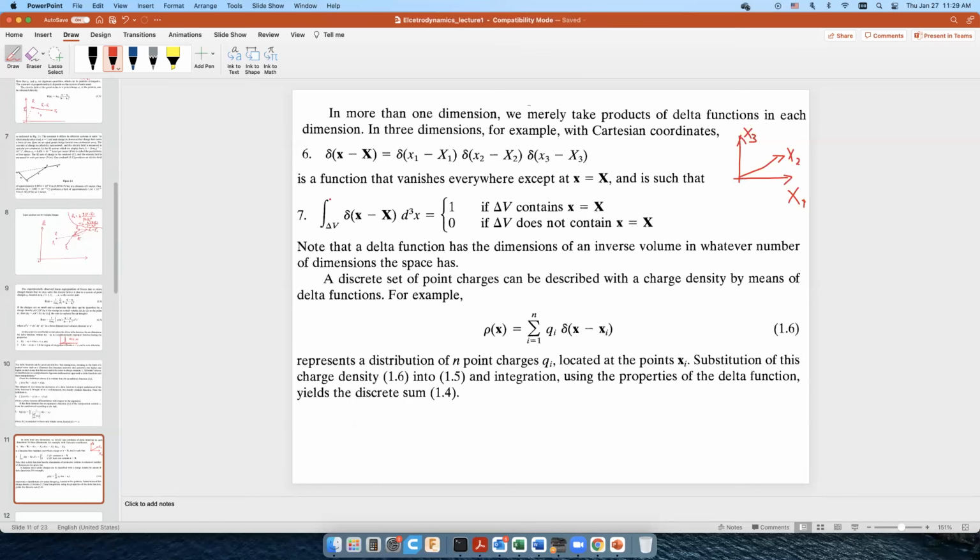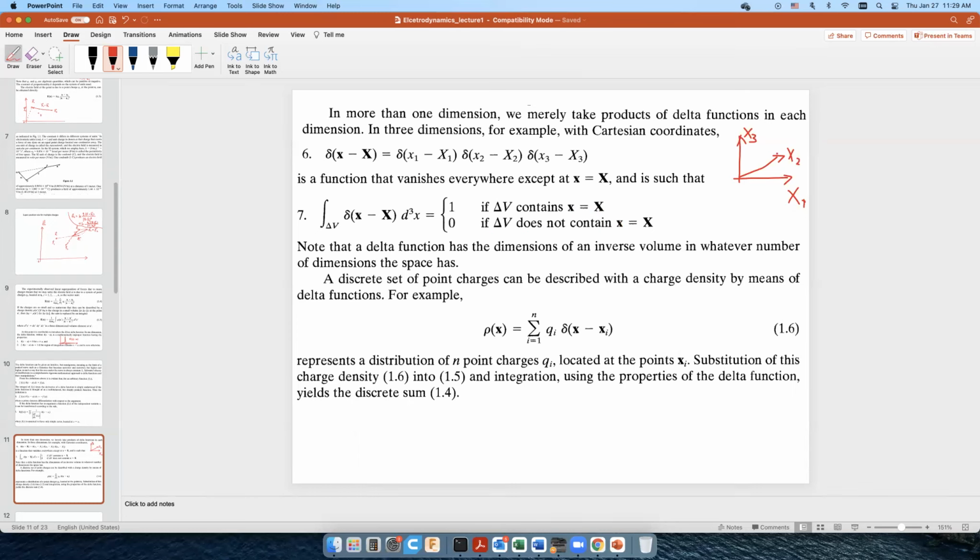And then if you do a volume integral of this three-dimensional delta function, it equals 1 if your integral contains x equal to capital X, and it equals 0 if it doesn't contain the capital X point.